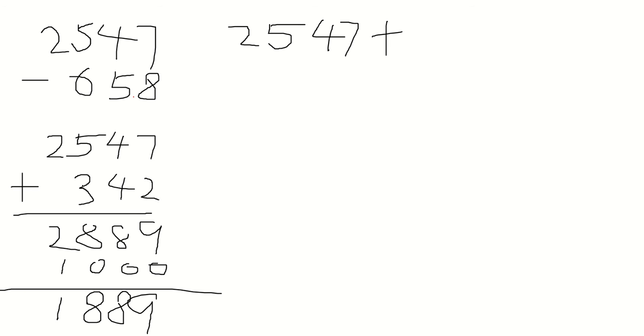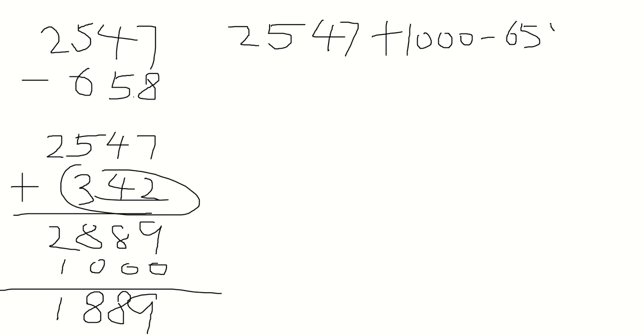If you read this number carefully, you may be able to understand this actually is 1,000 minus 658. Here we have added 1,000. At the end, we need to subtract 1,000.